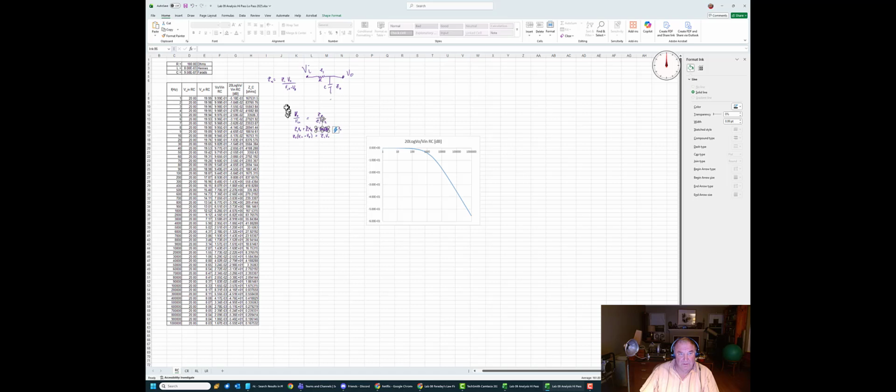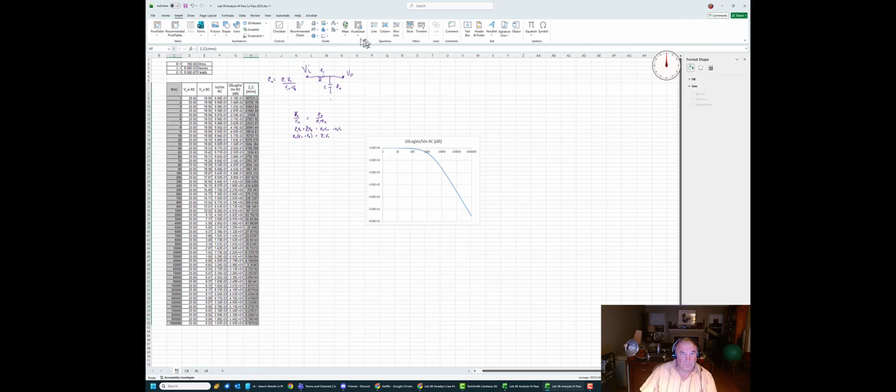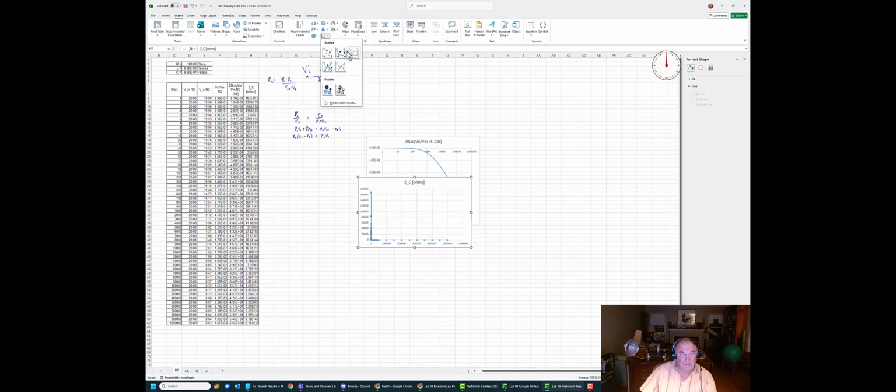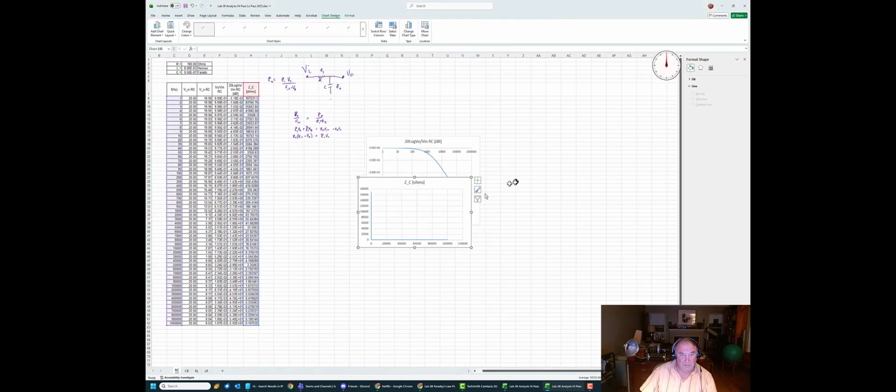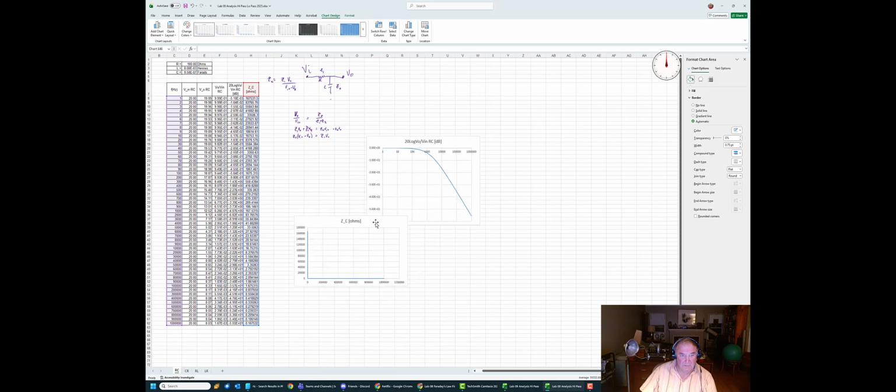Now for this, we also want the frequency, excuse me, and the impedance of the capacitor, and then we insert, and once again we have this guy, and that sure doesn't look like much, but we can make this logarithmic.